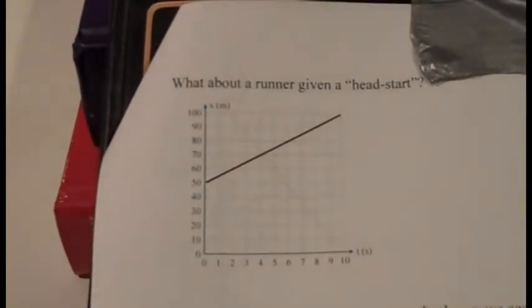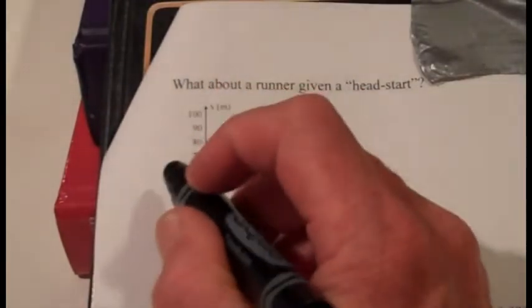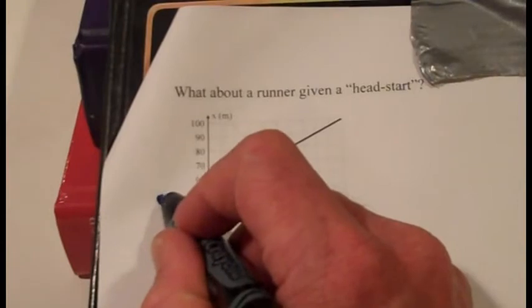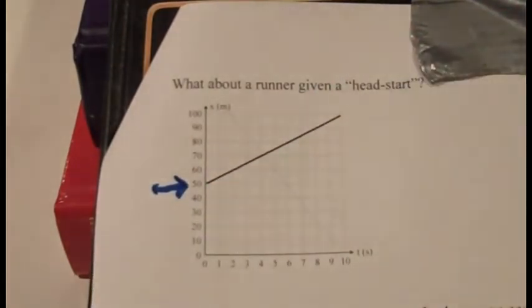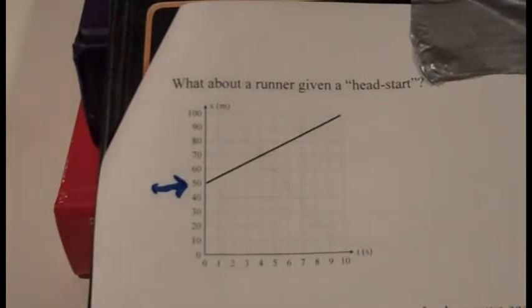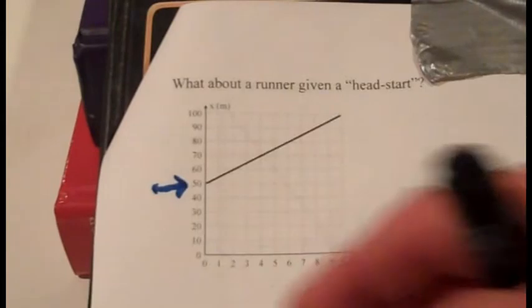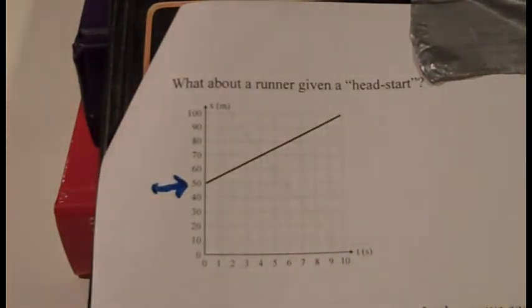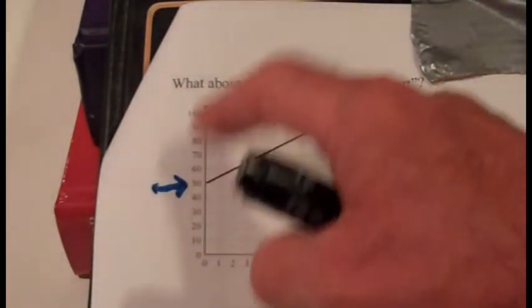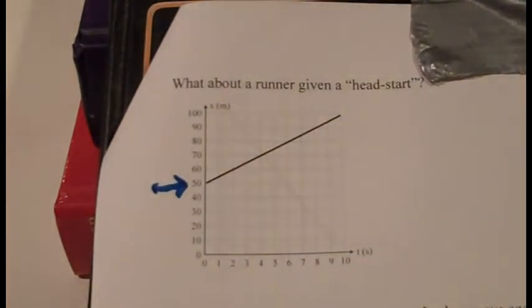How would we show that on the graph? If an object is not starting at the reference point, then this intercept is not going to be at the origin. We could have an object start in front of the origin or behind the origin, so this could be a positive number, or it could even be a negative number.